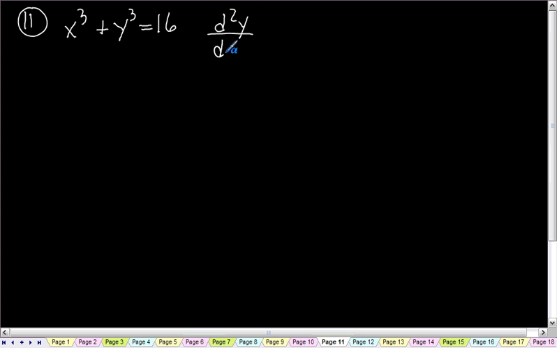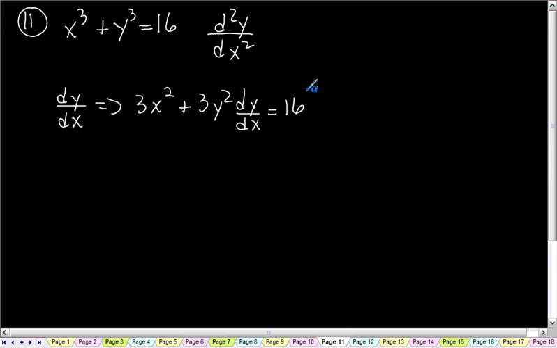To find the second derivative, we first have to find the first derivative. So let's find the derivative of this using implicit differentiation. We're going to take this and solve for the first derivative: 3y squared dy/dx plus 3 dx equals 0. Now we know what we need to do. We need to take the 3 and move it to the other side, then divide by 3y squared.